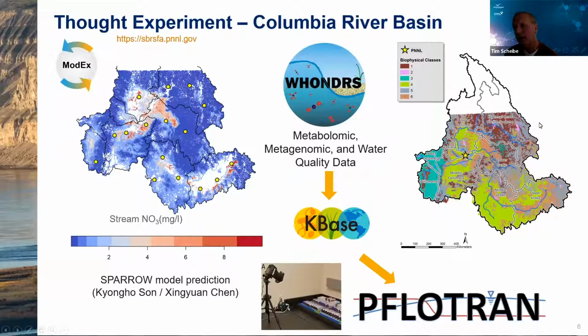By doing that, we can classify into different watershed classes, and if we've got enough samples in each of these classes, we can hopefully gain some understanding about how the biogeochemistry of these systems varies as a function of class, and use that to extrapolate across the spatial domain.